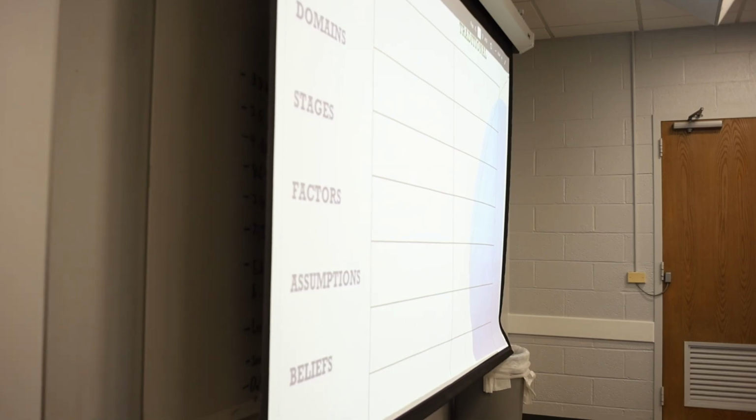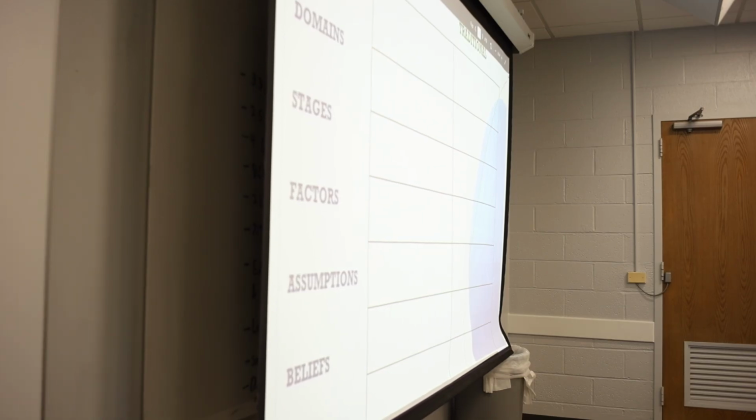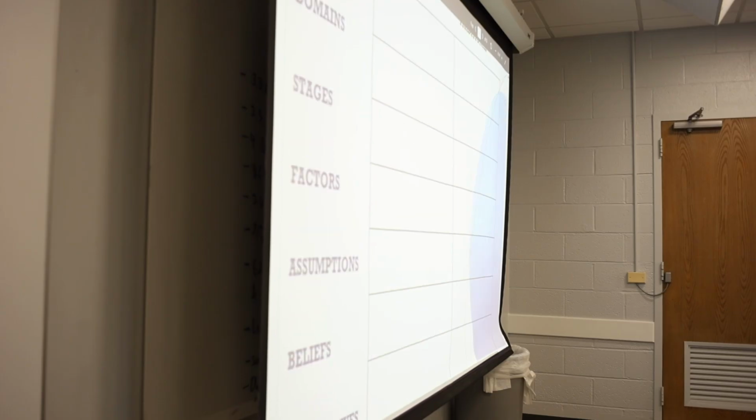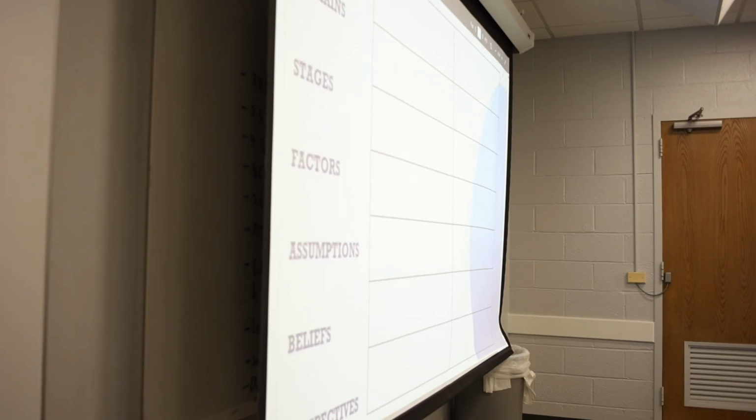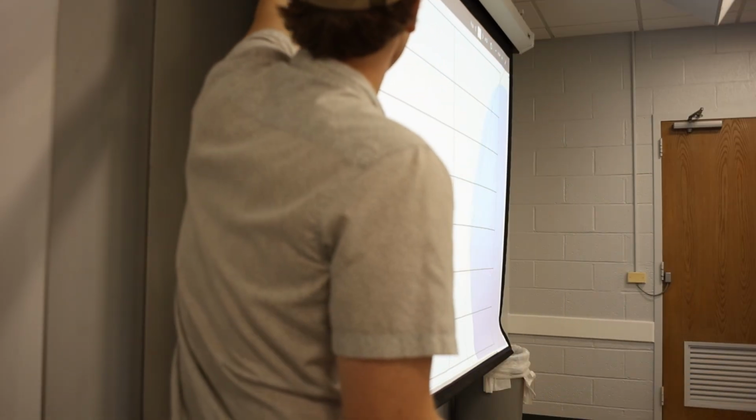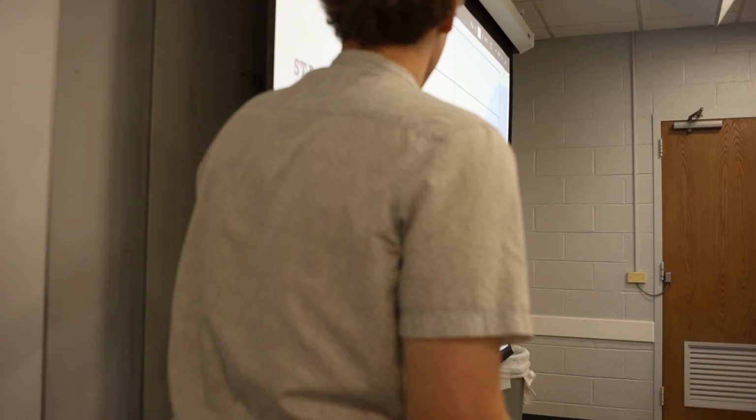Okay. Let's say you get a question about the model of domain learning versus traditional views of expertise, and I wanted you to compare and contrast. I'm not going to give you this chart, and I'm not going to give you the dimensions that I want you to contrast on.